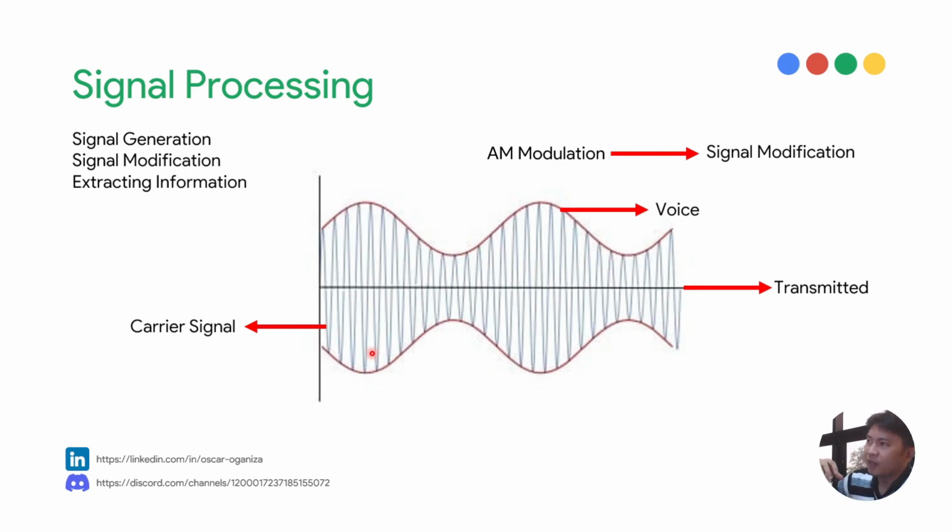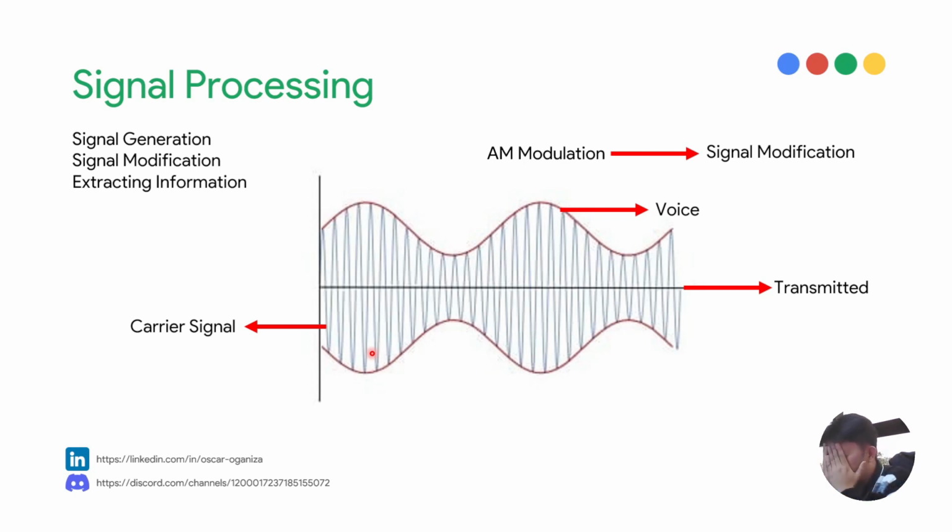It's either you improve the quality of the voice or the quality of the data being transmitted and received by the radio antenna. Then again, you extract information from the analog signal into a digital signal, or vice versa, from digital to analog signal, which is what we read or hear. So that's how signal processing works.